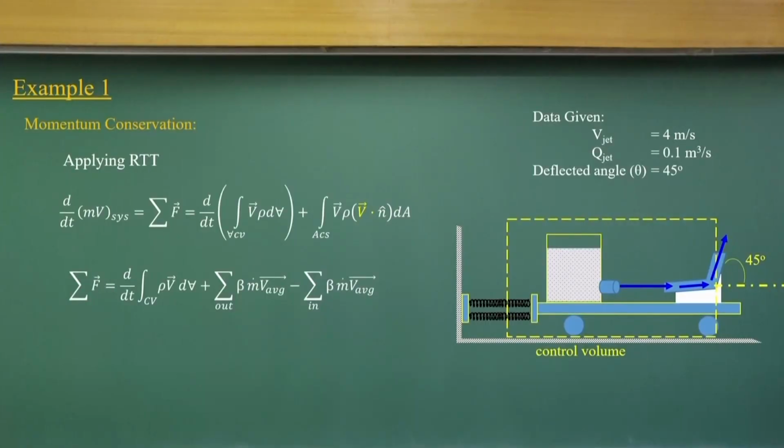Now, let us directly apply the momentum conservation equation here. If I apply this momentum conservation equation, the sum of the forces is equal to the rate of change of momentum stored within the control volume plus the net outflux of momentum passing through this control surface.